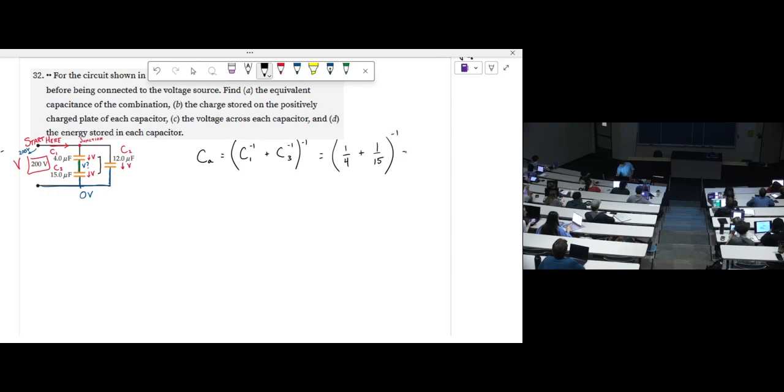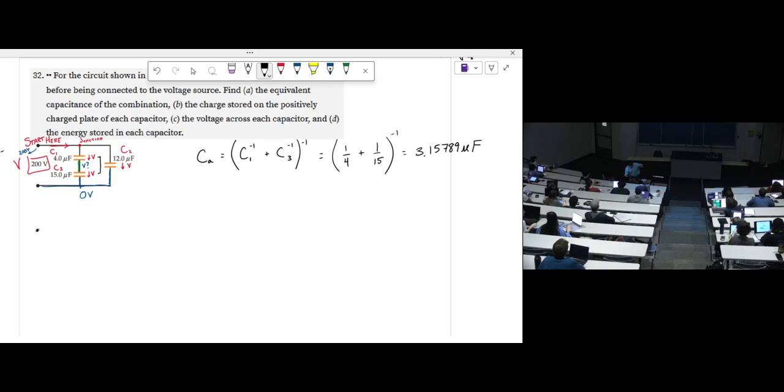You'll see that I'm not converting from microfarads to farads because we're just going to leave everything in microfarads. This comes out to be 3.15789 microfarads for C sub A.